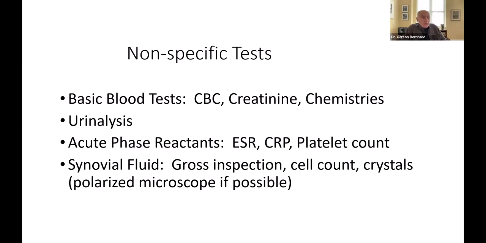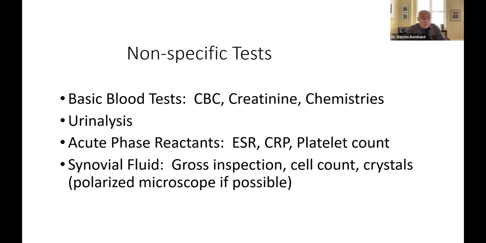Some other joints are much more difficult. Wrists and elbows and ankles are a little more selective. But you don't necessarily have to send the patient to an orthopedic surgeon who will aspirate the knee joint. A knee joint is something you can do easily in the clinic, and you get some fluid, which will tell you a lot, particularly if this is a patient who has a big swollen knee. And obviously, if they don't have swollen knees, then it doesn't apply.